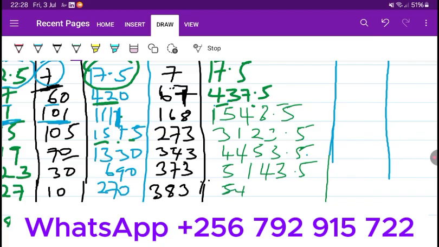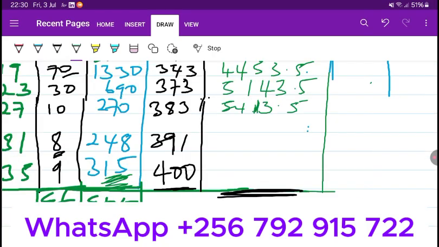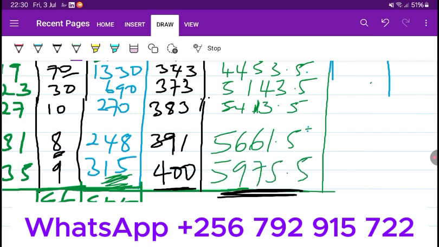This is 5413.5, and this one is 5661.5, and then lastly is 5975.5.